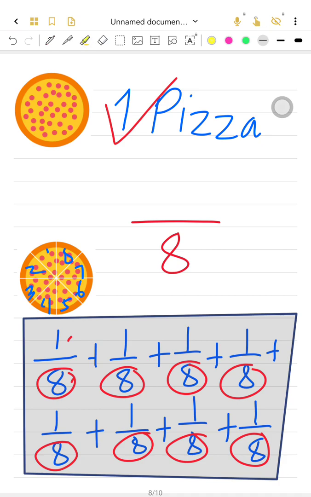We have 1 plus 1 plus 1 plus 1 plus 1 plus 1 plus 1 plus 1. This will give you 8. Therefore, we have 8 over 8 equals 1. Therefore, the whole pizza divided by 8 people, each person will receive 1/8. Therefore, eight 1/8s will give you 1 whole pizza.